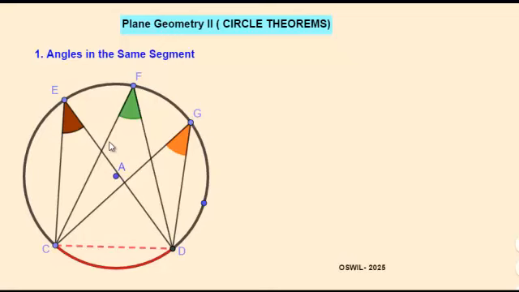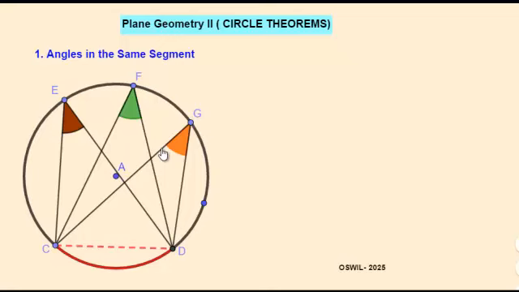Now look at this beautiful diagram you see on your screen. You can draw the same on a sheet of paper and label it as you see on my screen. You can also paint the angles.